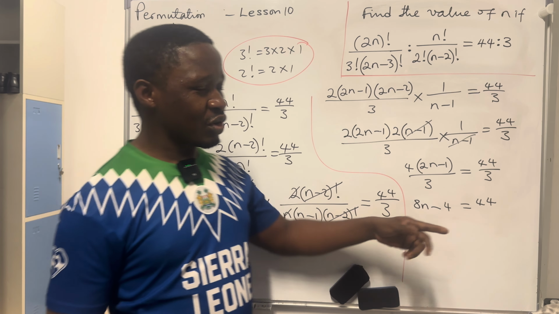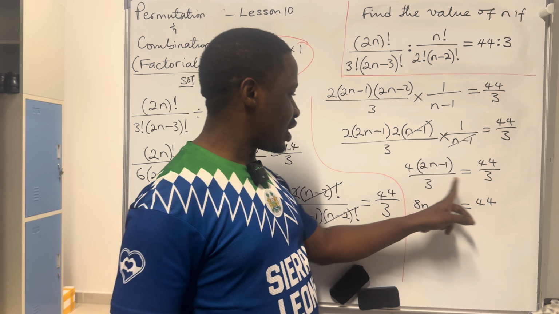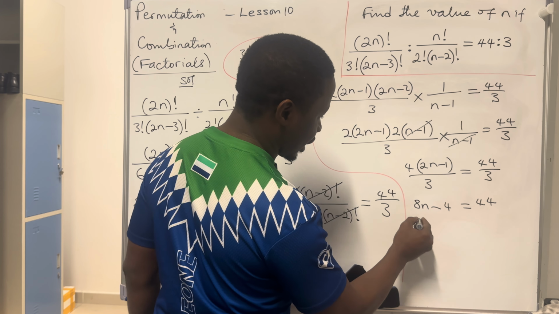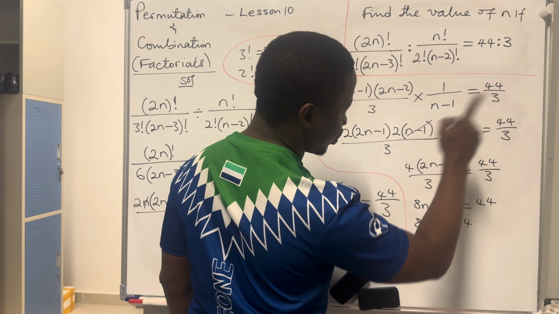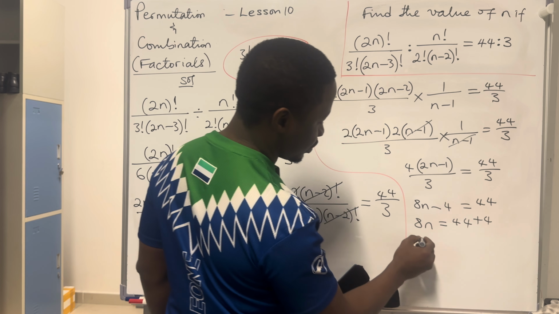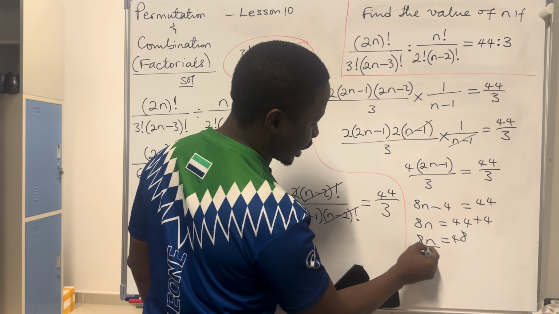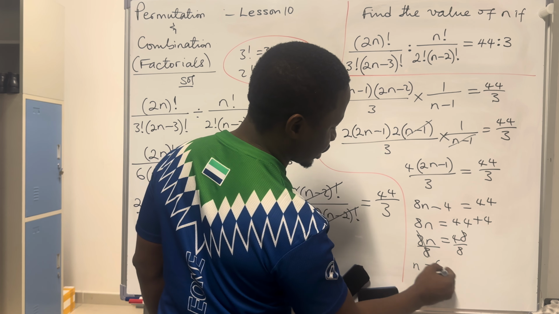Are you asking for 3? No, because one term equals one term. If the denominators are the same, ignore them. So now we say 8n minus 4 is equal to 44. This one goes there, plus 4. 8n equals 48. So we divide both sides by 8. So our n is 6.